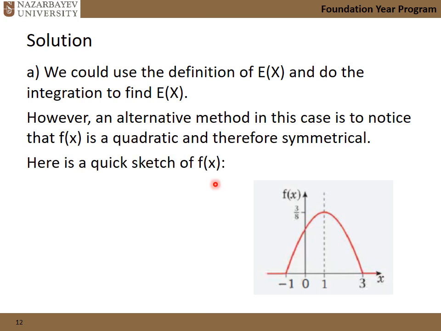Sketching the function, we find that the roots are -1 and 3, and the distance between these two roots is 4 units. So the midpoint is 2 units away from each edge. Then the straight line x equals 1 is the symmetric line for this parabola.